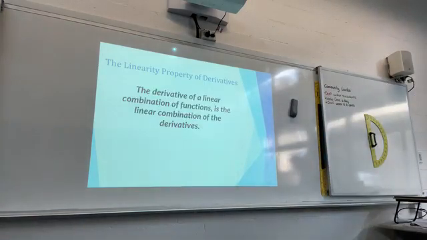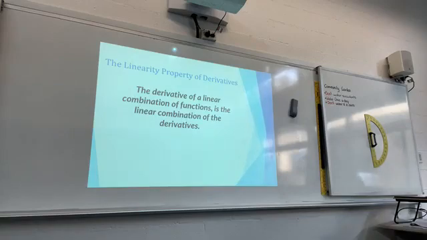Now, the linearity property of derivatives. The derivative of a linear combination of functions is the linear combination of derivatives. That's it. It's a big word, big definition, but the concept is fairly straightforward. You should know that concept already. Agree? Yeah? Alright.